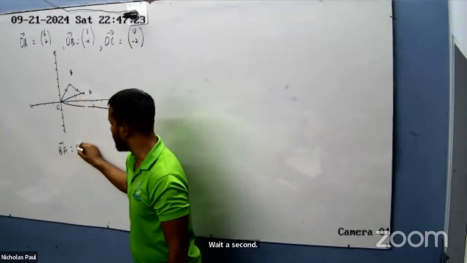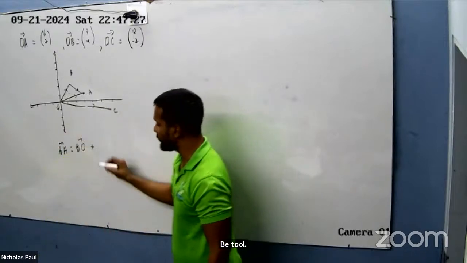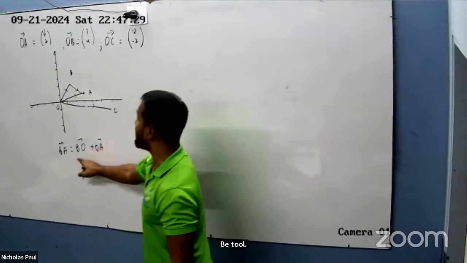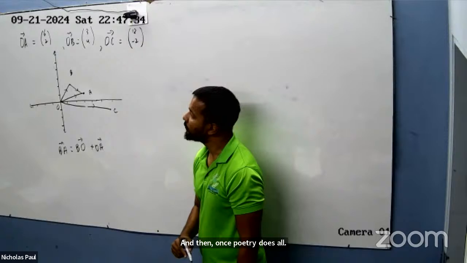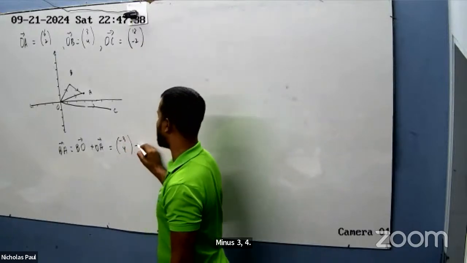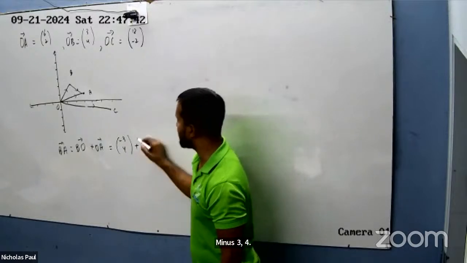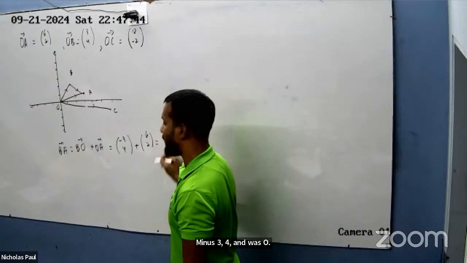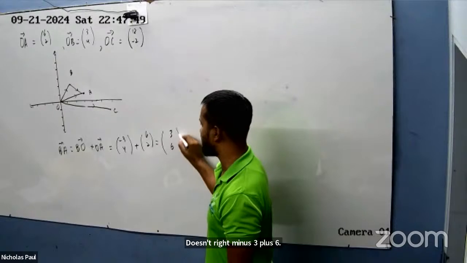B to O. And then what? O to A. That's all. Why B to O? Minus 3, 4. And what's O to A? 6, 2. That's it. Right? Minus 3 plus 6, that's 3, 4 plus 2 is 6.